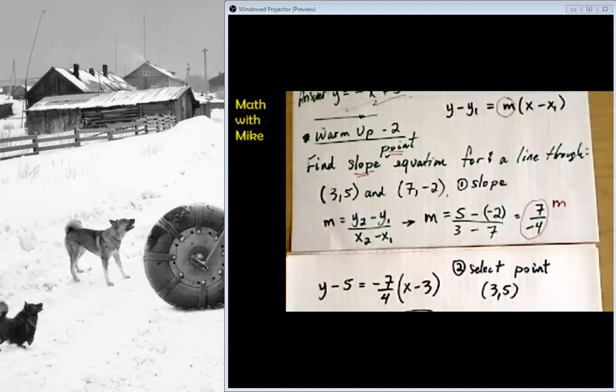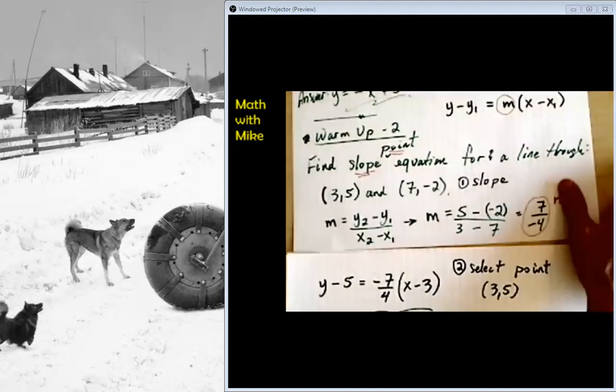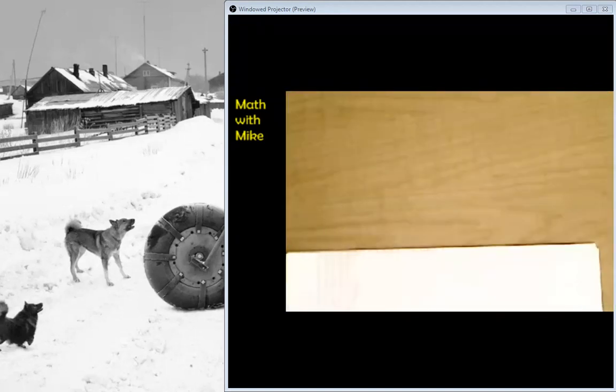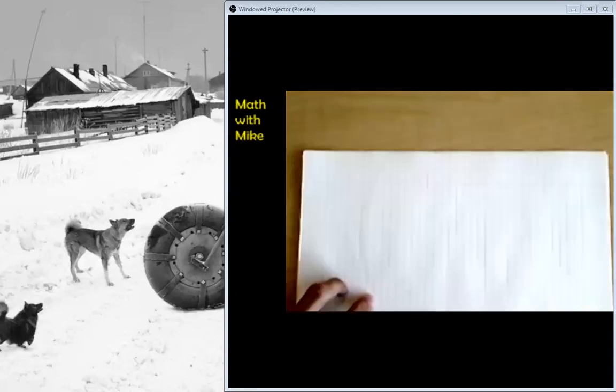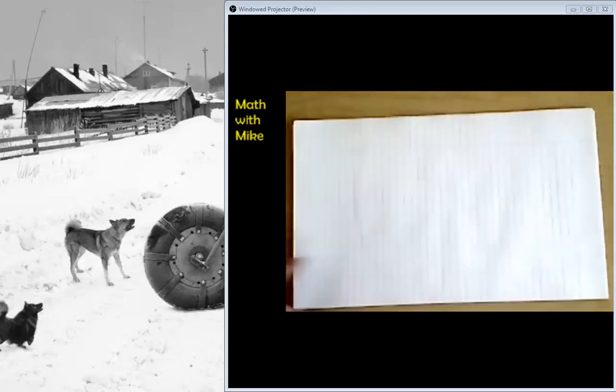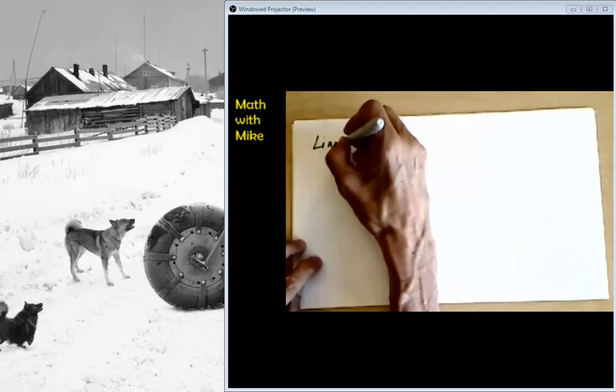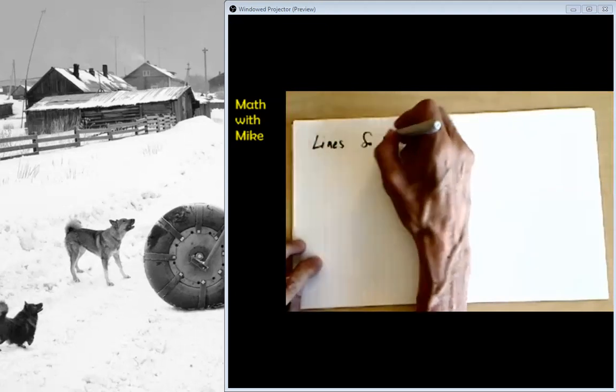So what we'll do then, we'll go on to our topic of the day today. Actually, I'll put this on the screen because we talked about this yesterday. So far, what do we have? Lines so far. Check this out.